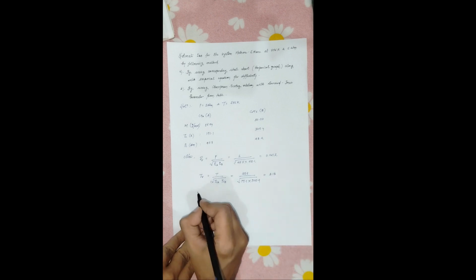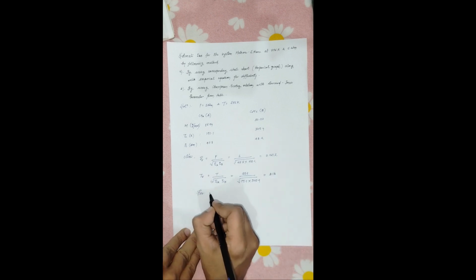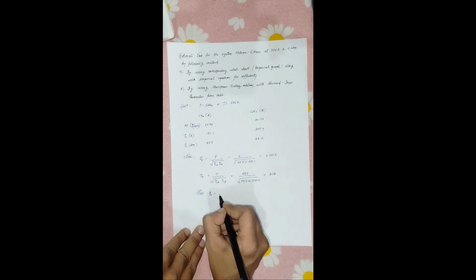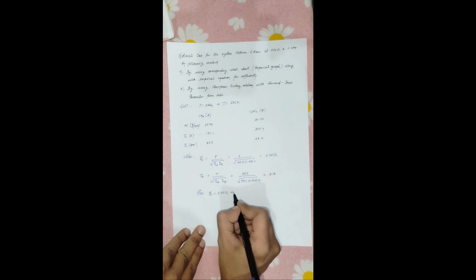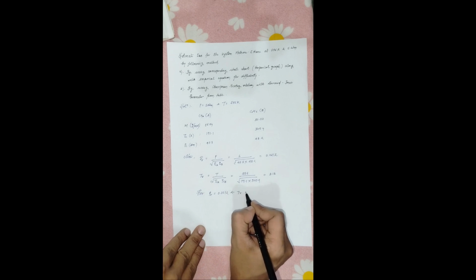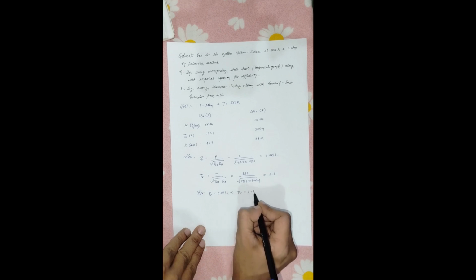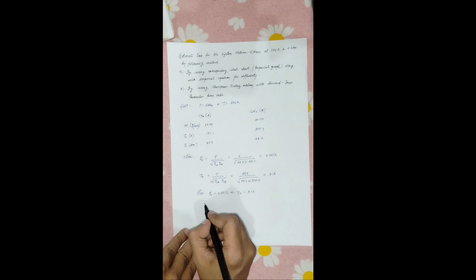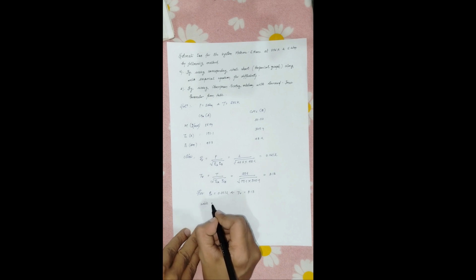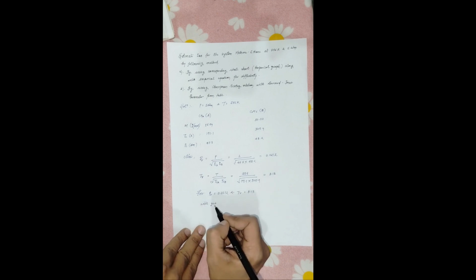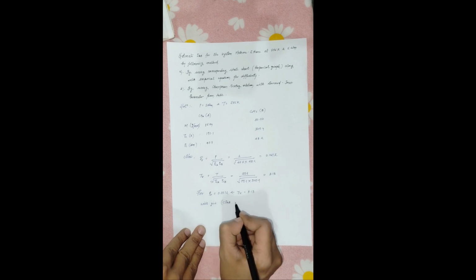Okay, so for PR 0.0212 and TR 3.13, we'll get reduced diffusivity from the graph.